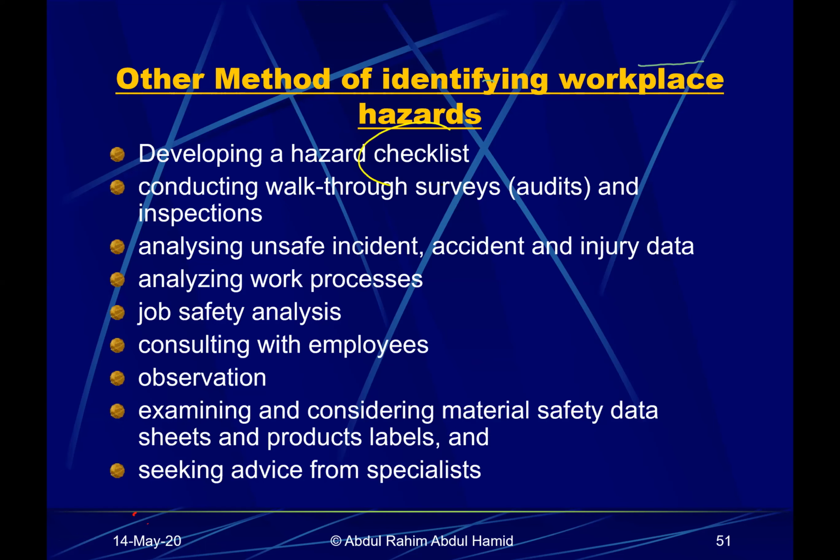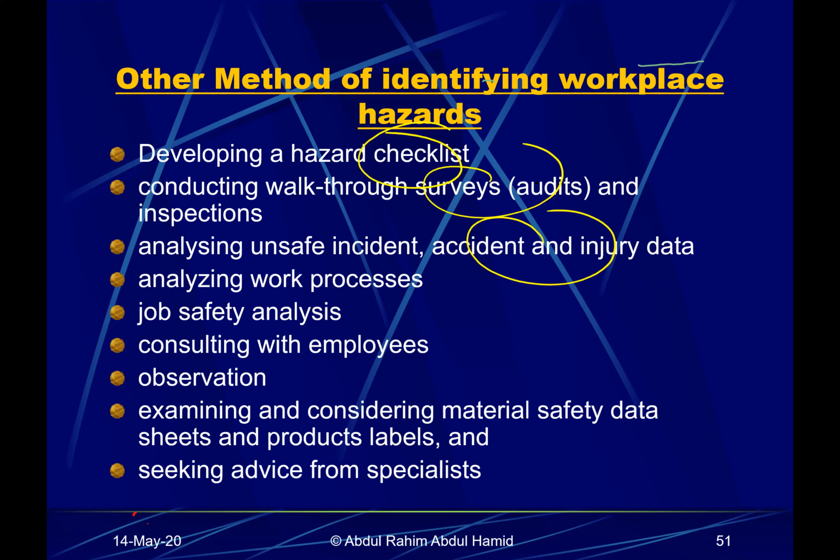Okay, develop a checklist. We can conduct a survey or inspection, go to the construction site and do observation. And then accident reports or whatever database we collect could be a potential source of information because we can learn from that.